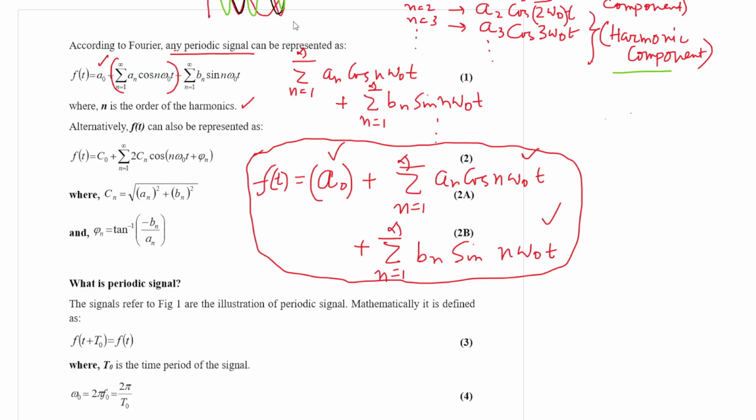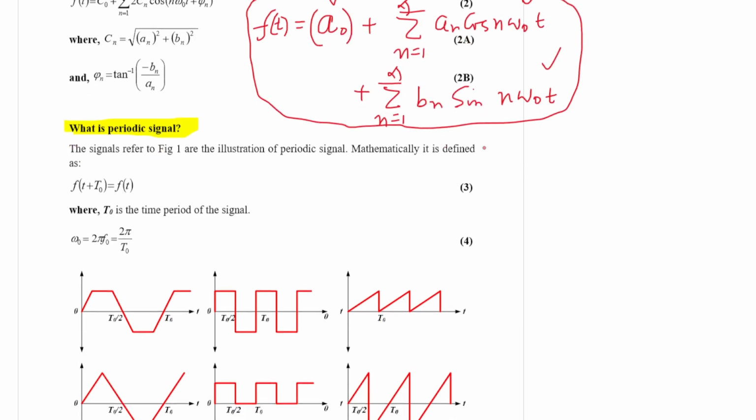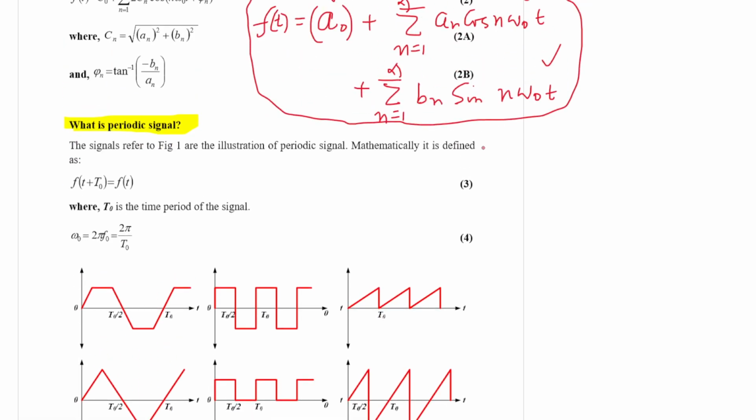We shall do that in a moment, but before that, first try to understand what a periodic signal is. From the definition, a periodic signal is a signal which repeats itself after a certain interval of time. Mathematically it is written as f(t plus t naught) equals f(t).